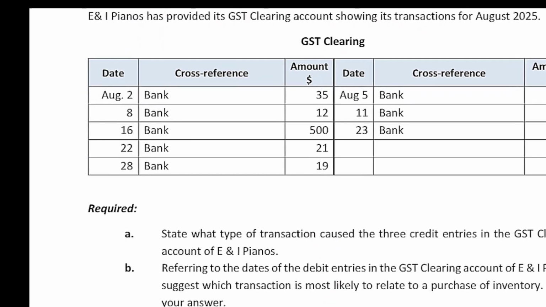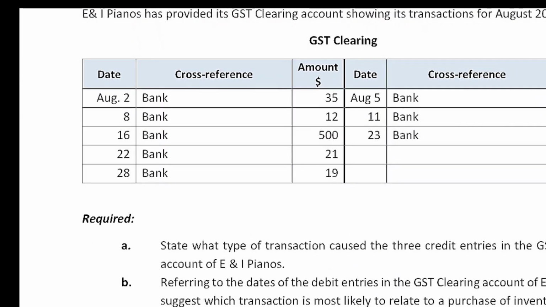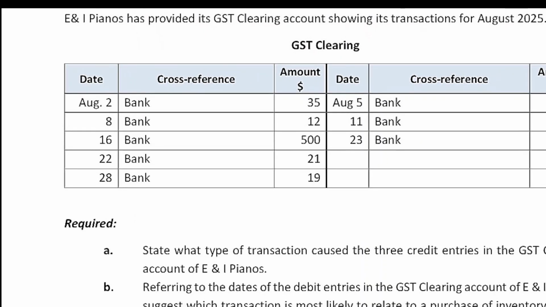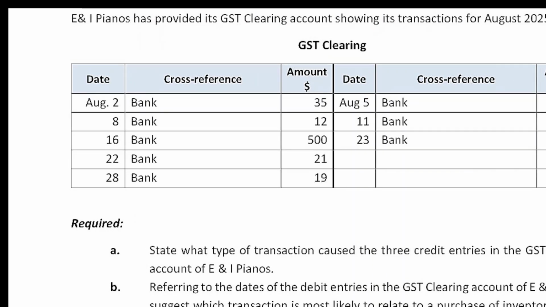Part A. What type of transactions cause the 3 credit entries in the GST clearing account? Now we have done the GST account many times. Yes, we did many questions involving the GST account. What are the transactions? What do you think the answer is for this one? 3 credit entries in the GST clearing.